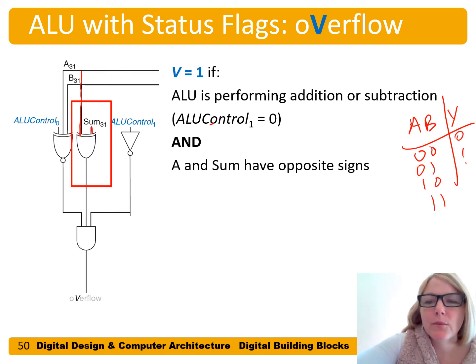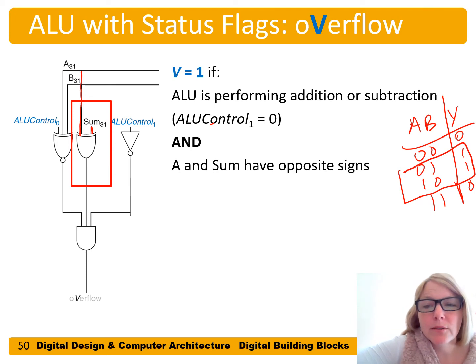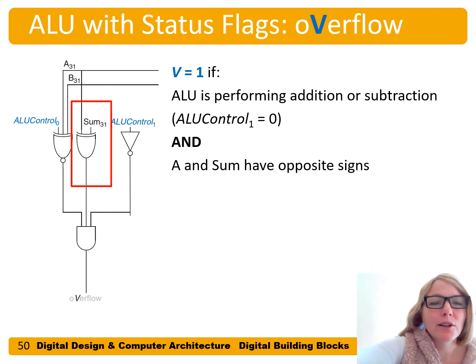So 0, 1, 1, 0. Another way of thinking about XOR, right? If A and B have the opposite value, A is 0, B is 1, or A is 1, B is 0, then that outputs a 1. So that tells us, hey, are they opposite? Are they different? So A XOR sum bit 31.